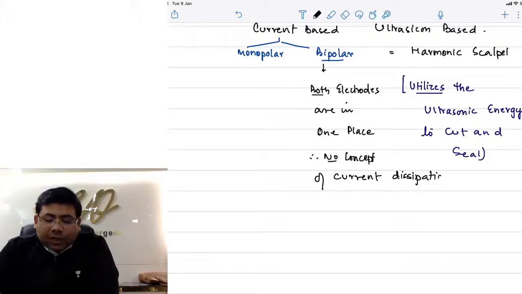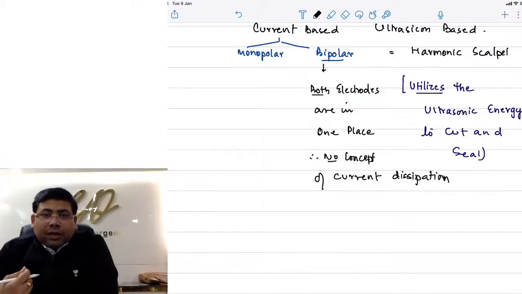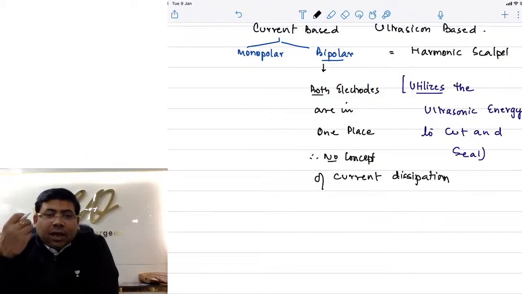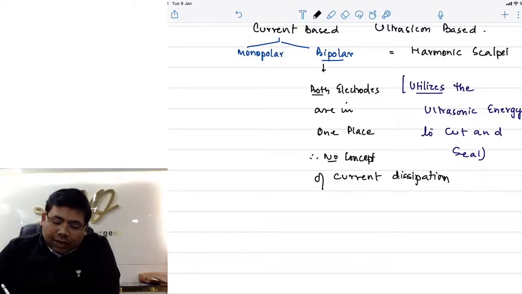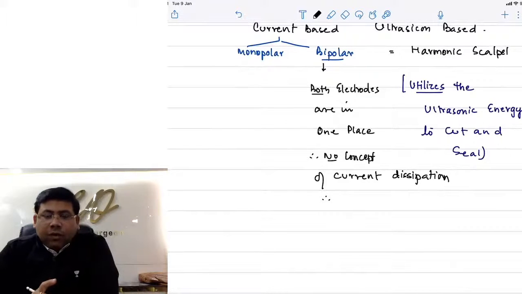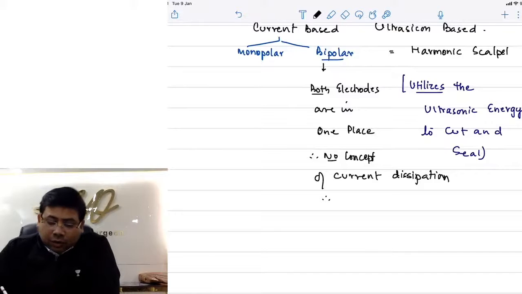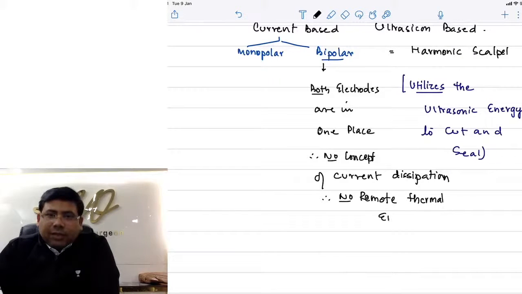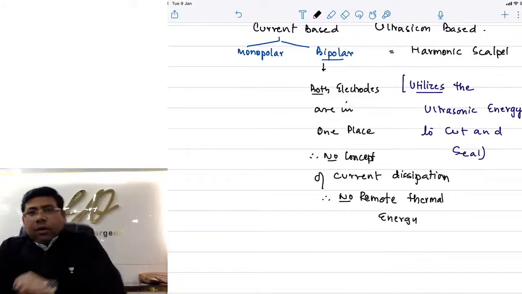We use it when we are operating near the major vessels, like in a neck surgery, operating near the carotids. You fear that current might disrupt and perforate the vessel, therefore it is used for important vascular surgeries. So no lateral, or remote, thermal injury. Whereas remote thermal injury is a big drawback of monopolar.